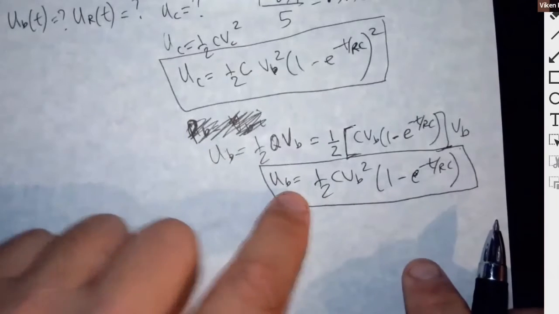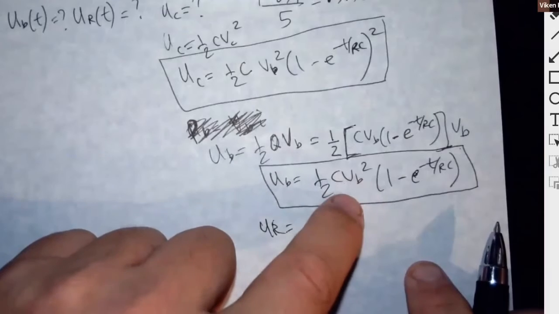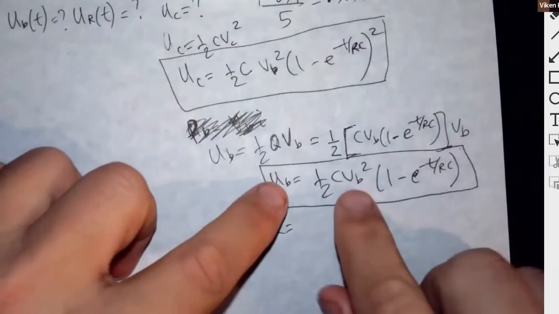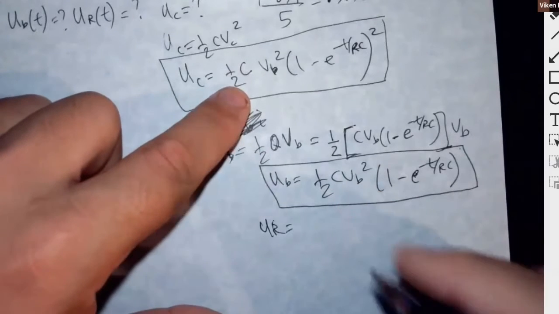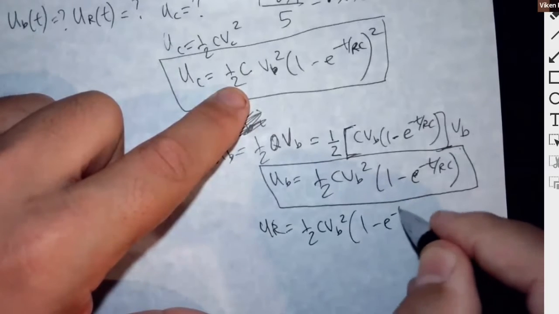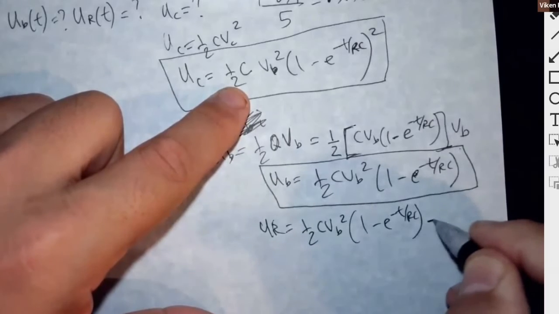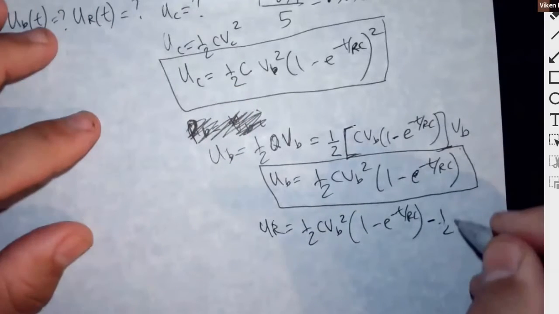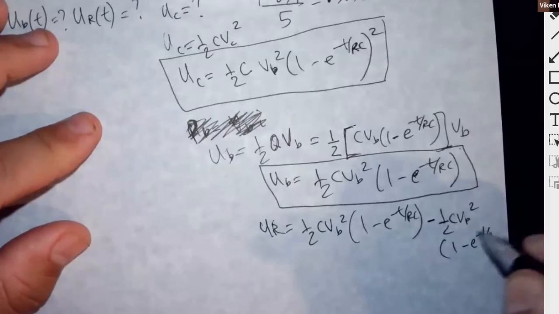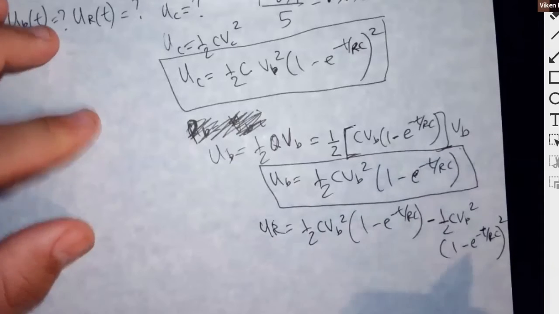So whatever the energy of battery you're producing, remember what we said, that the necessary evil is that when you're charging the capacitor, some of the energy has to be lost in the resistor. So when you subtract these two, this minus this, half CVB squared (1 minus e to the minus t over RC) minus 1/2 CVB squared (1 minus e to the minus t over RC) squared.